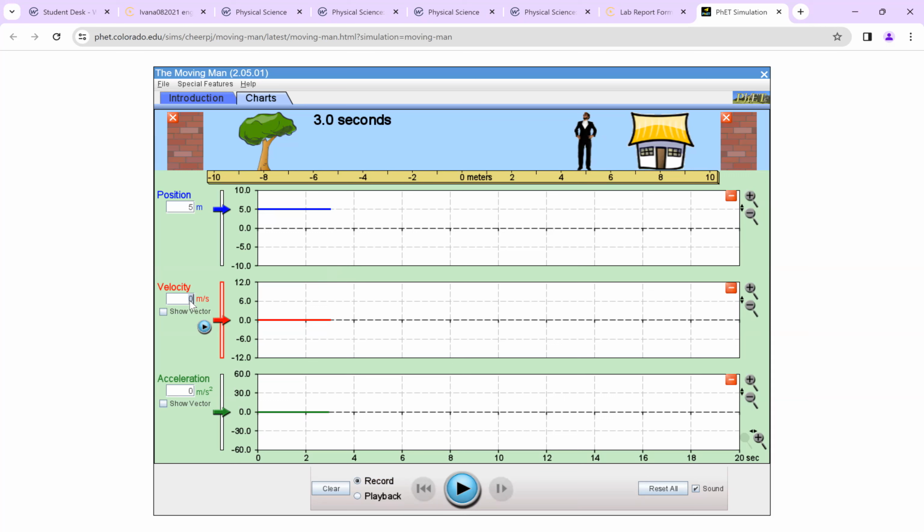Okay. Now watch what happens to the guy. Think of zero as your home. You're here at zero. He's 5 meters away. Watch what happens. He moved to his home. Yes.